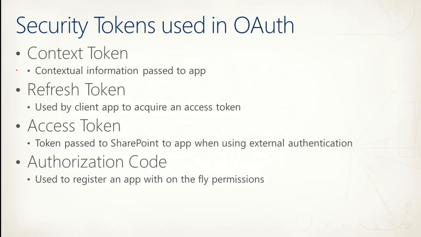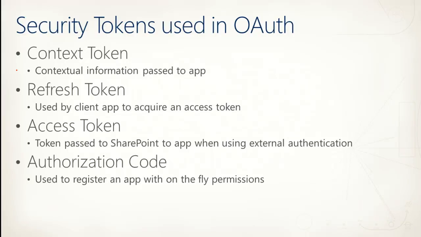Okay, now, there's quite a few different types of tokens that we're going to be using. The first is a context token. The context token is something that ACS creates and passes back to SharePoint, and it has information about the current user and the current SharePoint site.